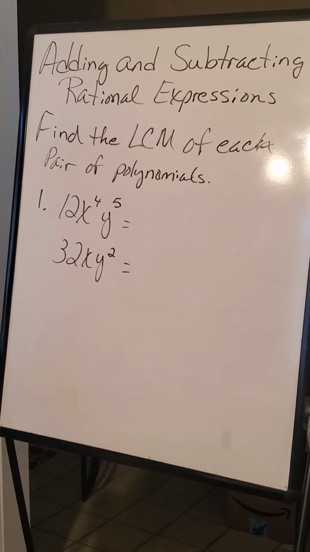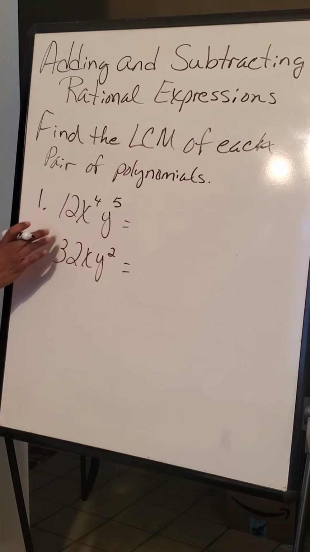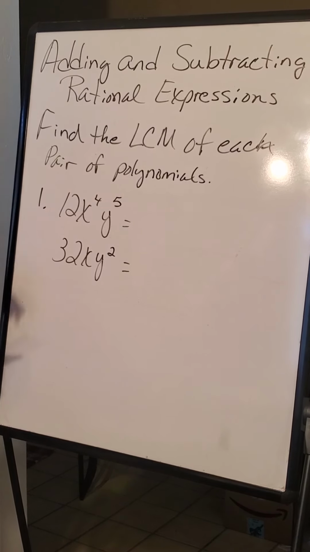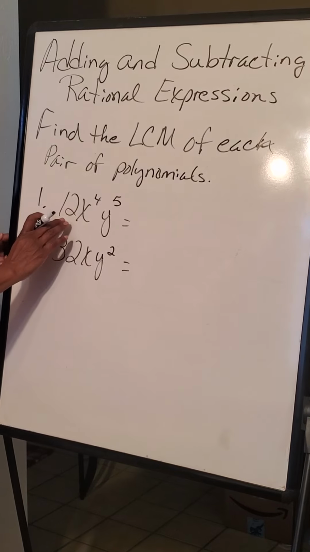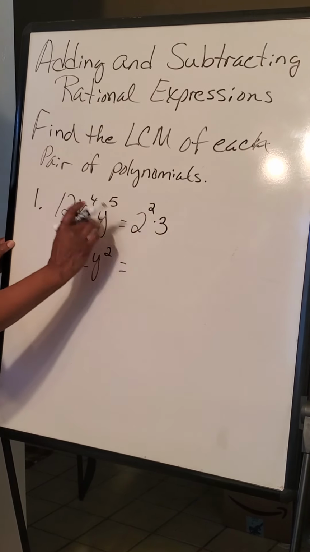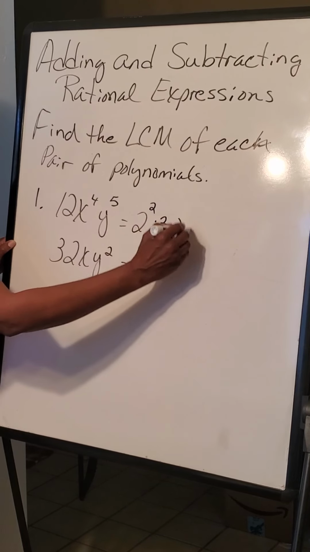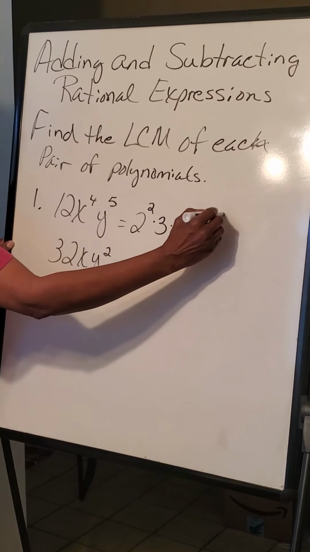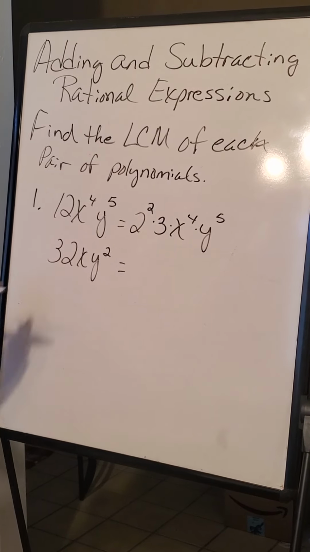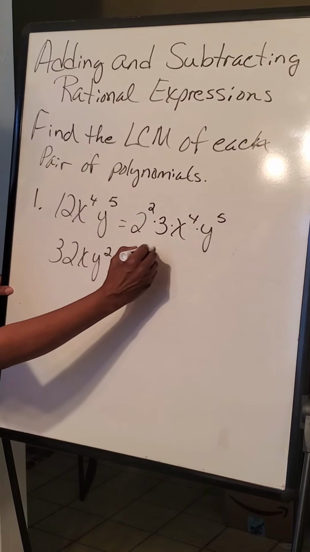Remember, prime factorization is where I'm going to take this composite number 12, and rewrite it as the product of prime factors. And as I do that, I will use exponents. So 12 would be 2 squared times 3. I'll keep these variables with their exponents. To get 32, I need 5 2's, so I have 2 to the 5th.